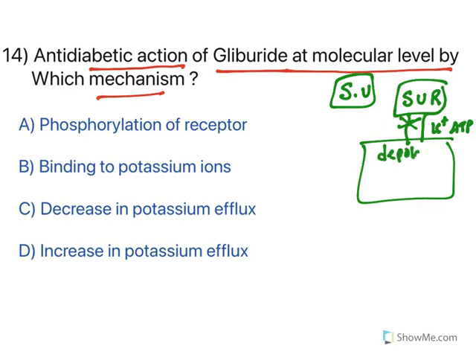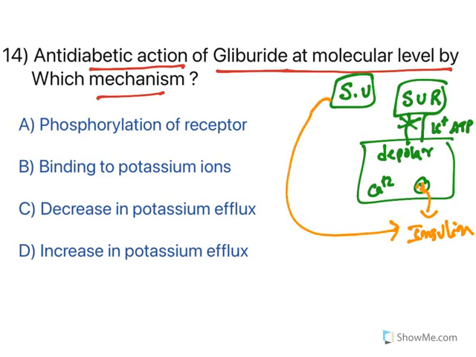When this depolarization occurs, calcium levels are increased, and that is what causes release of insulin. So this is how sulfonylureas act. They release insulin, hence they are known as insulin secretagogues. They act on the sulfonylurea receptor by inhibiting the potassium ATP channel, which causes depolarization, increases calcium level, and that is what releases insulin.